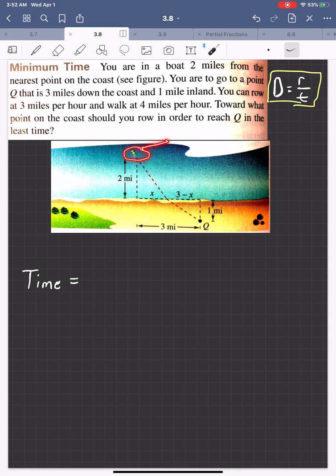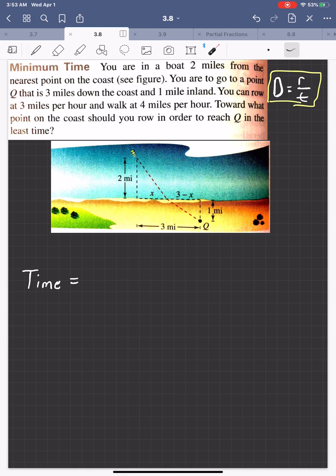Where should you land on the coast so that you can reach your point Q, the party, in the least amount of time? I mean, should you land your boat here, or here, or here, or here? Do you see how this is an optimization problem? This is an optimization problem that you don't want to try to find the critical numbers of.